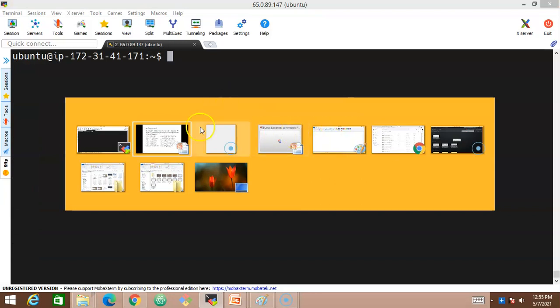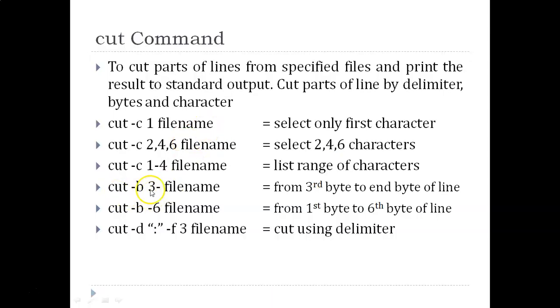Now let us look into the next command. We are using -b. As I said, -b and -c don't have much difference. It's almost the same, you don't have to really worry about it. You can use either -b or -c here, and we'll try to understand what exactly this is about. Look at this command: cut -b 3 hyphen and the file name.